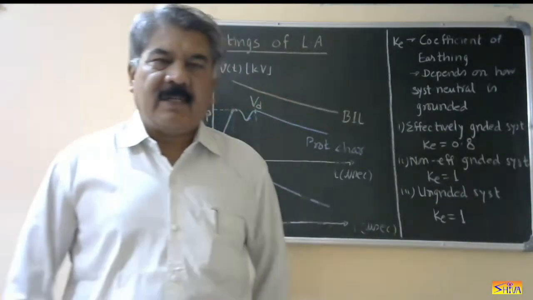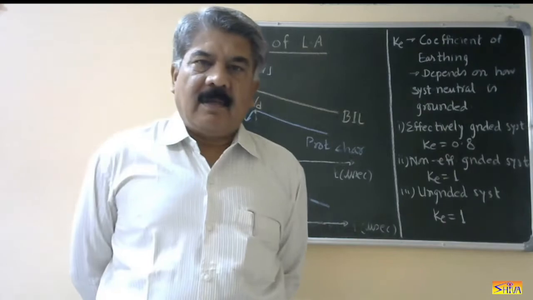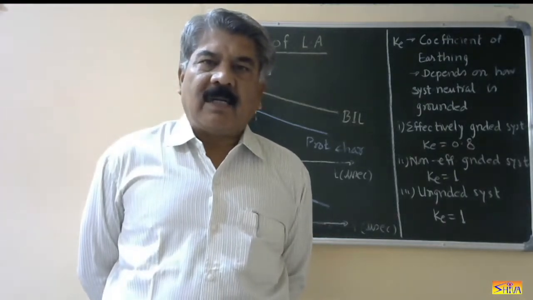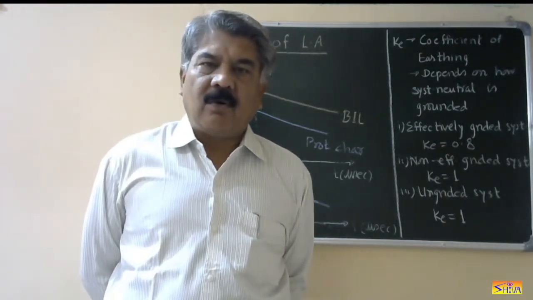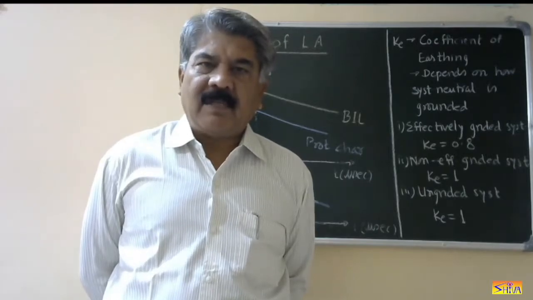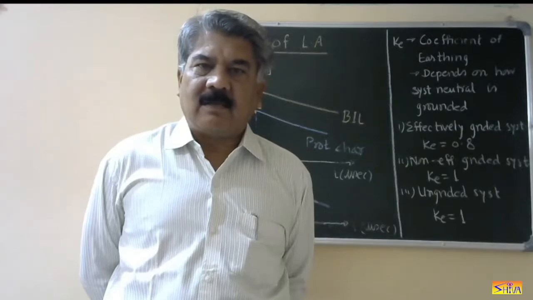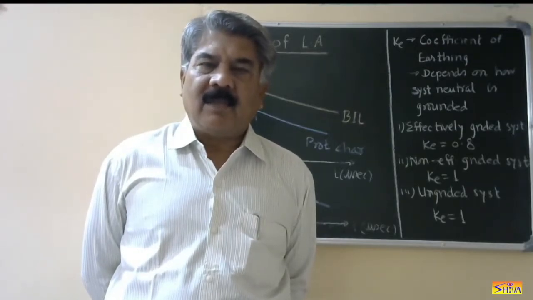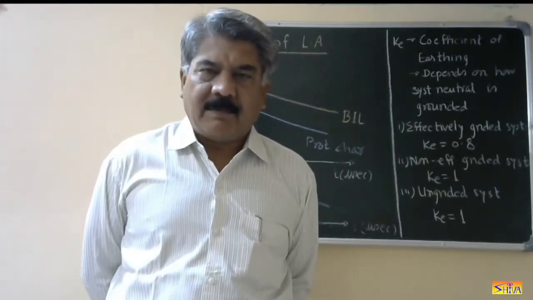As per definition, the system in which under fault condition, the line to ground voltage of the healthy phase does not exceed 80% of line to line system voltage, that is called an effectively grounded system. I will repeat.